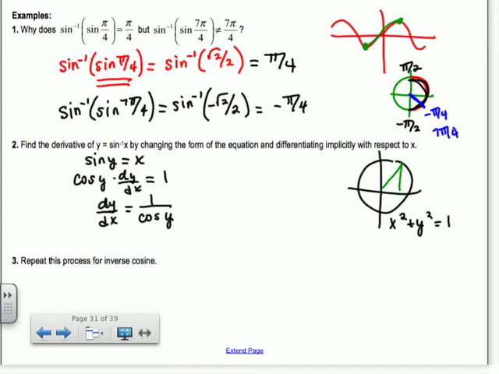So x squared plus y squared equals 1. We need to somehow replace cosine of y. Gotta remember how I do this. I have to think. I have to look this one up. It's been a while.